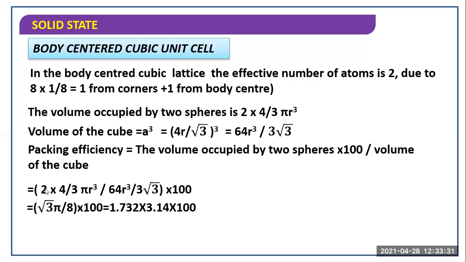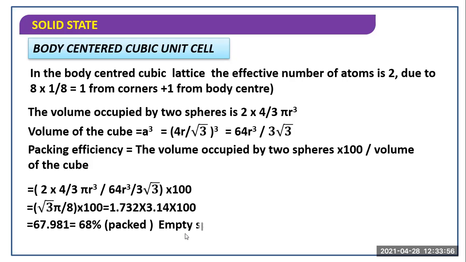So the 4/3 pi R cube is the volume of one atom, and 2 into the volume of one atom divided by A cube. A cube means the volume of the cube.